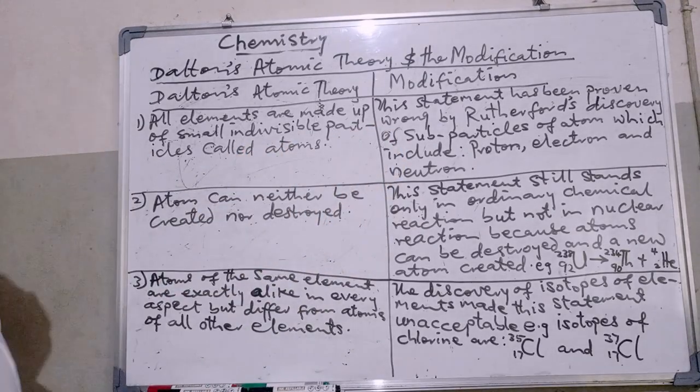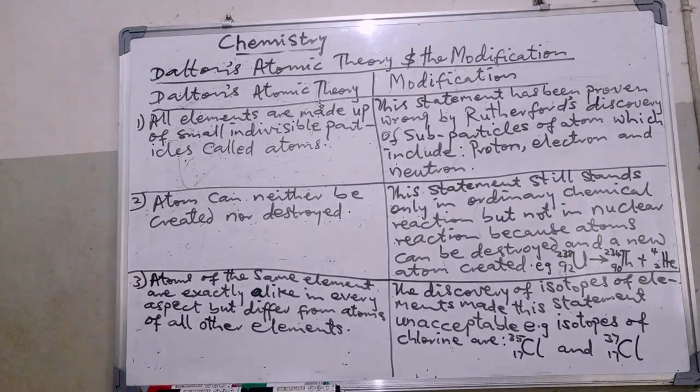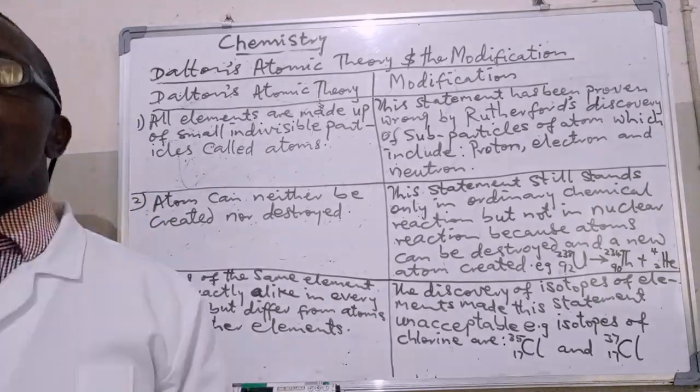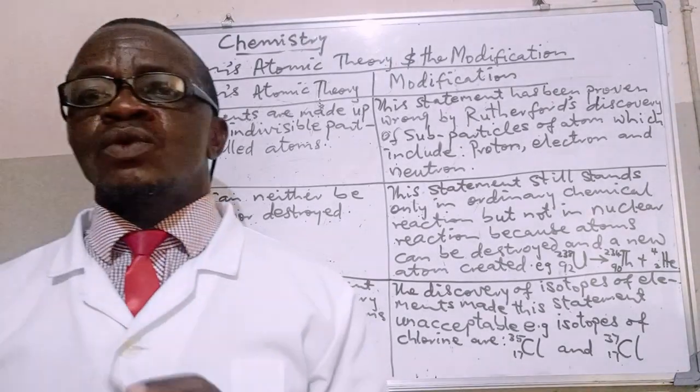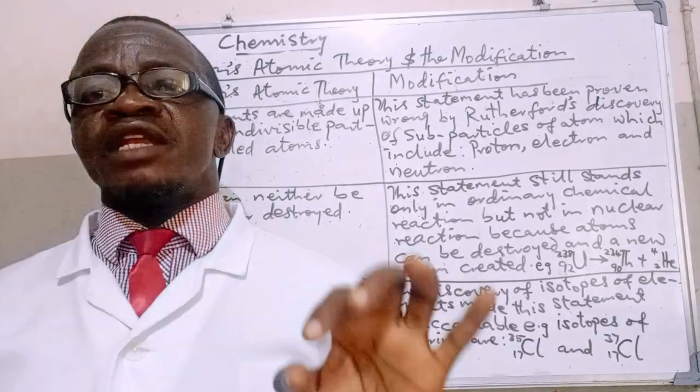Number one, Dalton said that all elements are made up of small indivisible particles called atoms. When you say indivisible, you cannot break it any further.